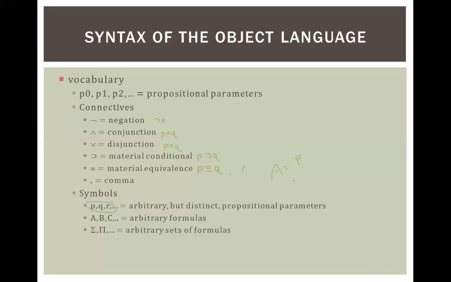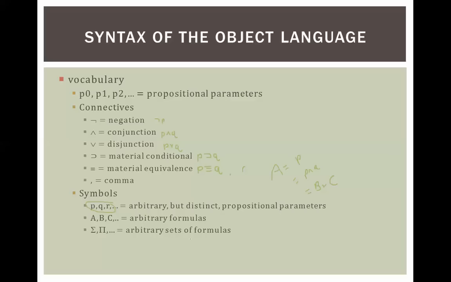Or it could equal P and Q. If I wanted to, I could even make it equal something like capital B or capital C. I could combine formulas to make a new formula. It's kind of like math, right? I could say 1, I could say 1 plus 1, x could equal 1, x could equal 1 plus 1, x could equal 1 plus 1 plus 1 plus 1. I can make all kinds of crazy formulas if I want to.